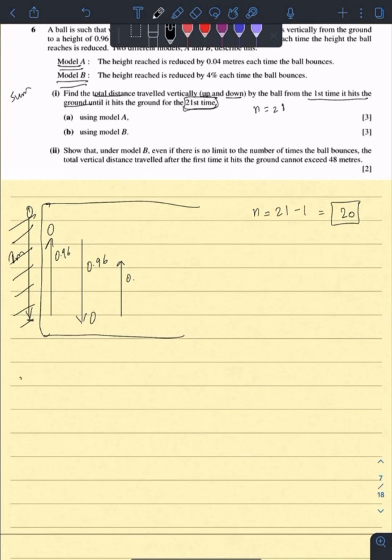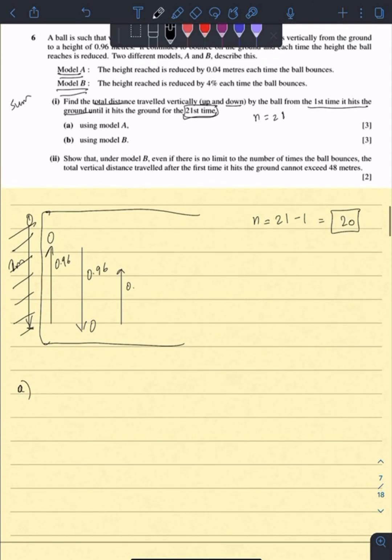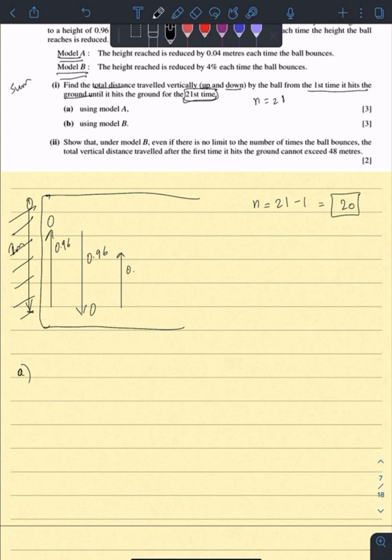Now that we know this, let's first solve part A. It says travel vertically up and down. So I can make separate AP progressions, one for up and one for down. Initially we had the first term as 1 meter, right?